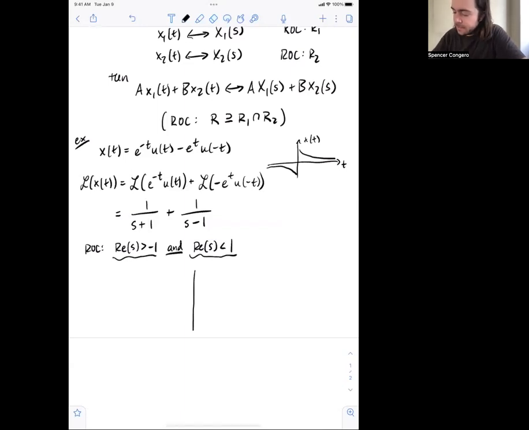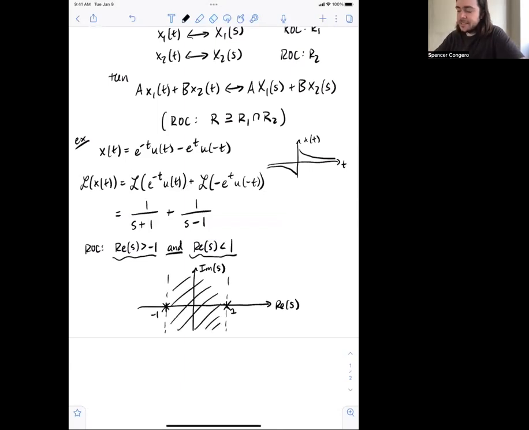And so if we plot what the region of convergence would be in this case, we need s to satisfy both of these properties. So we need the real part of s to be greater than negative 1, that was a pole, and also less than 1, that was another pole we had. So that means it's actually in between here, and this shows us that this is our ROC.